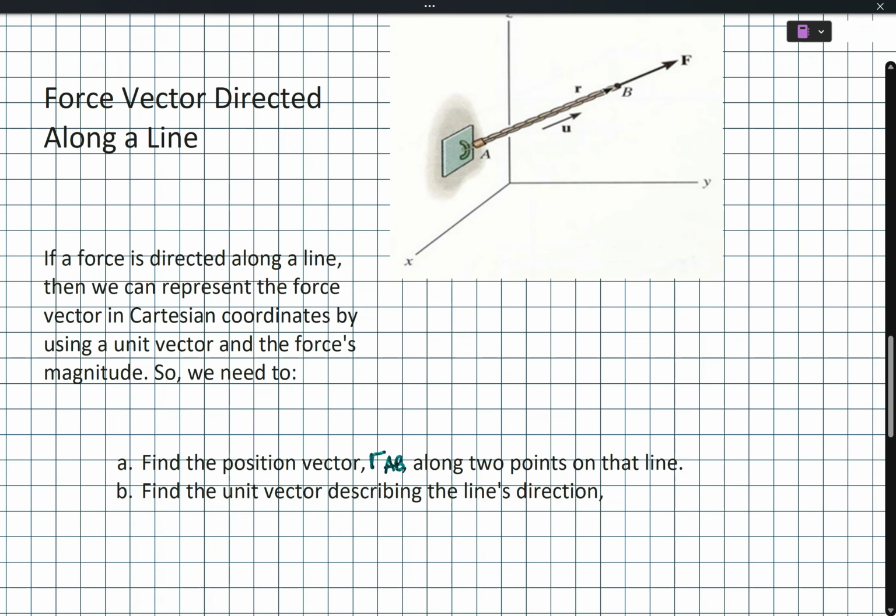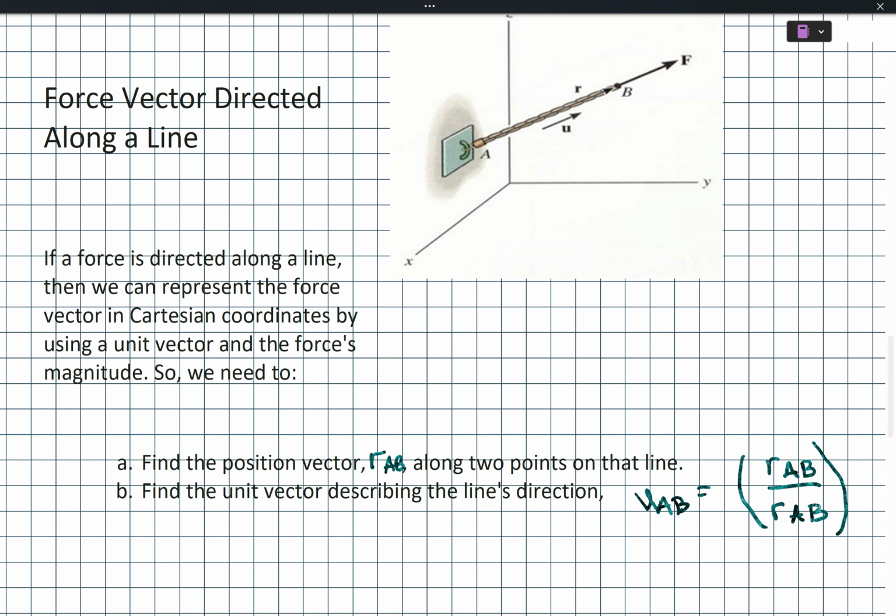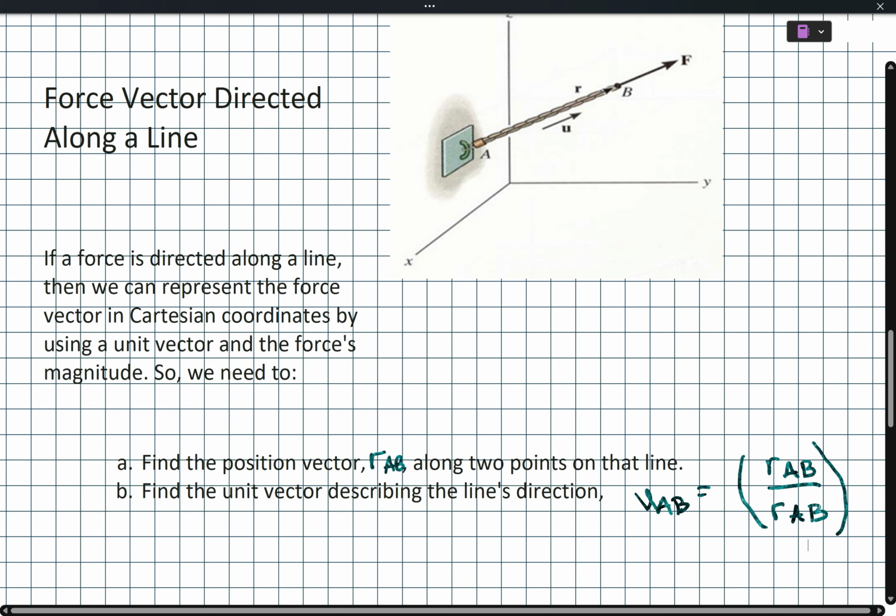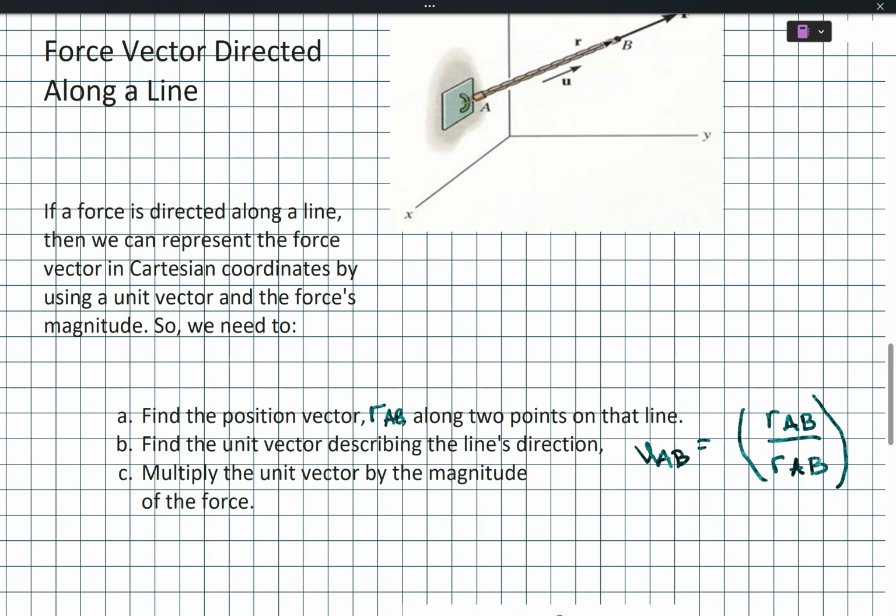Find the unit vector describing the line's direction. So we have u sub AB is equal to r sub AB over the magnitude of r sub AB, where the r sub AB in the numerator is the position vector. Then multiply the unit vector by the magnitude of the force.